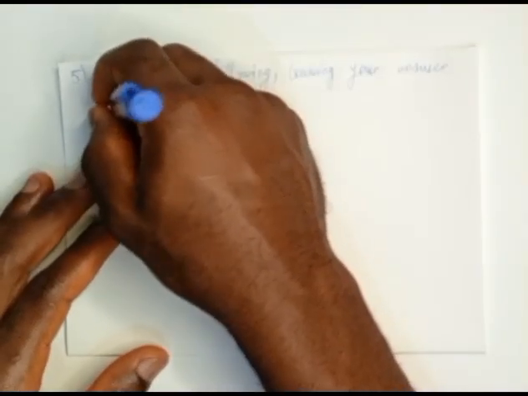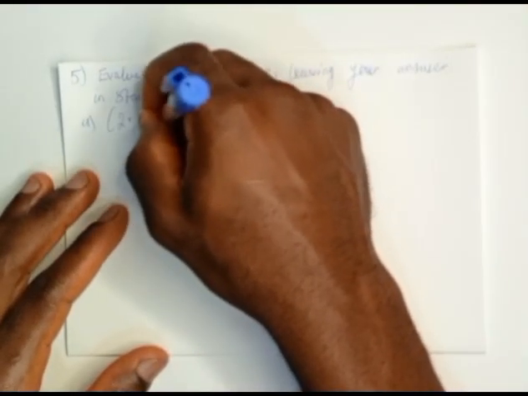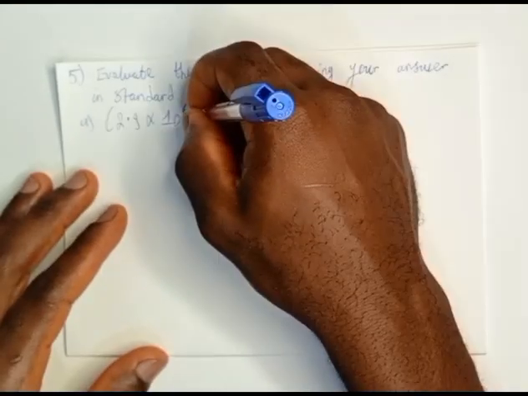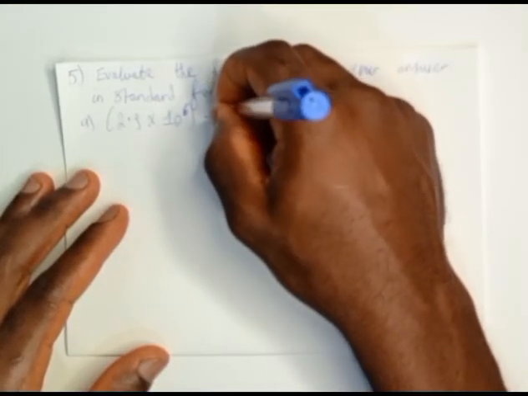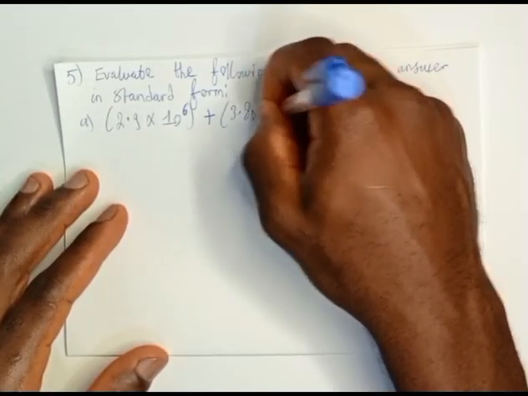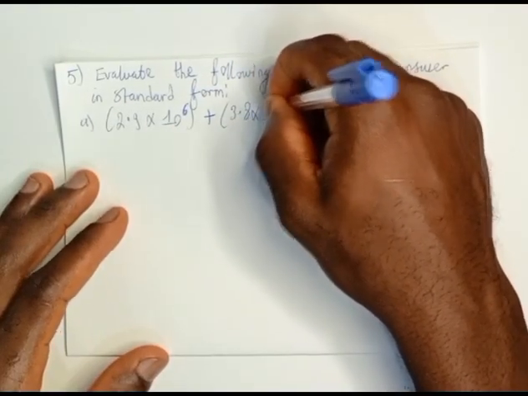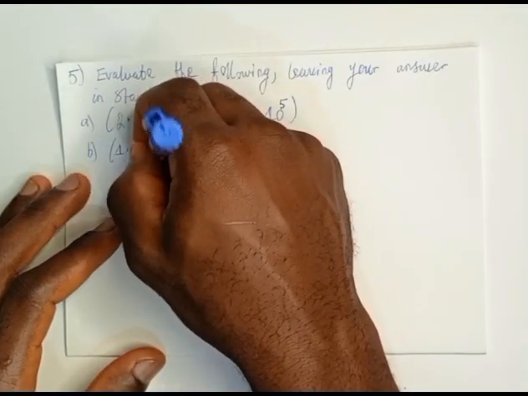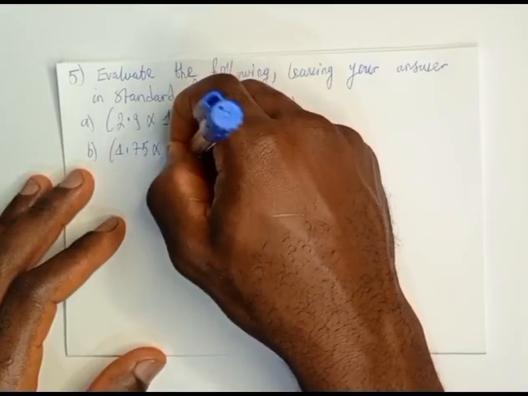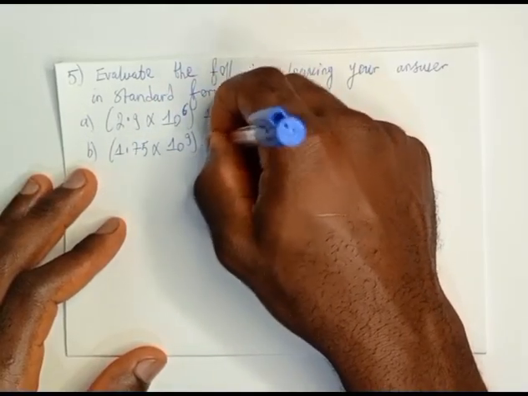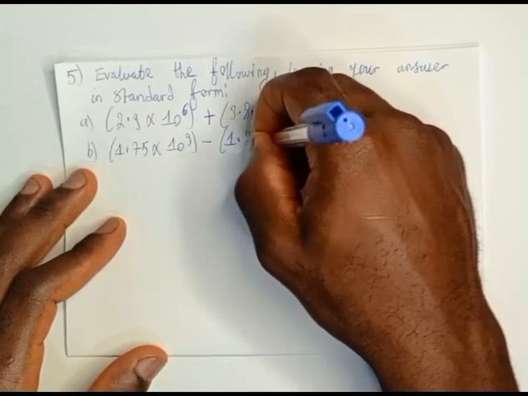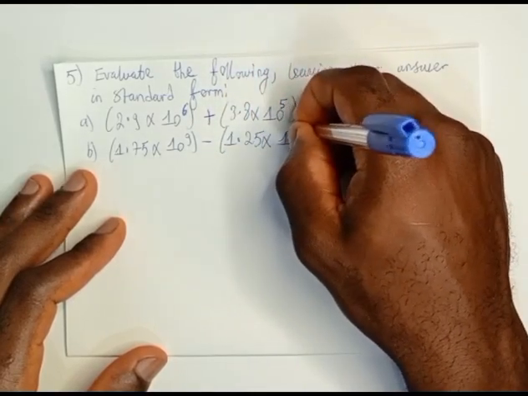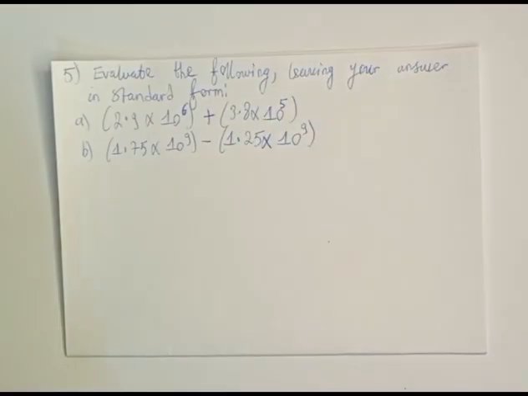For A, we have 2.9 times 10 to the power 6, all this plus 3.8 times 10 to the power 5. For B, we have 1.75 times 10 to the power 9, all this minus 1.25 times 10 to the power 9. These are the exercises for application on standard forms.